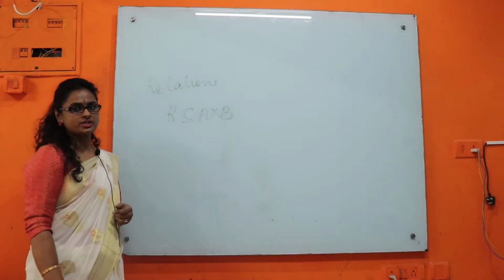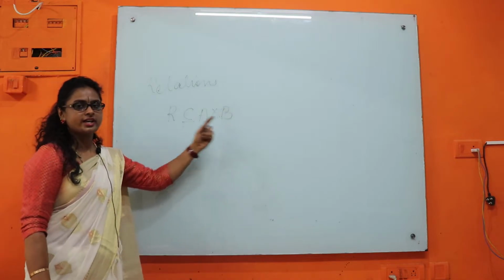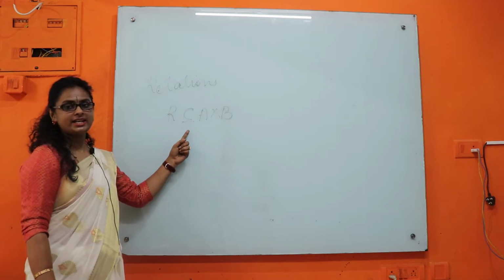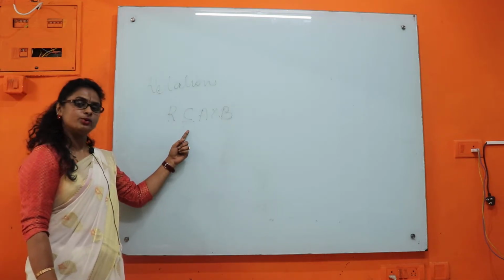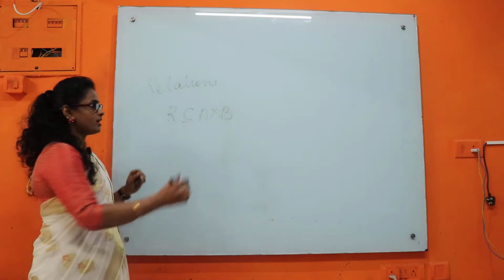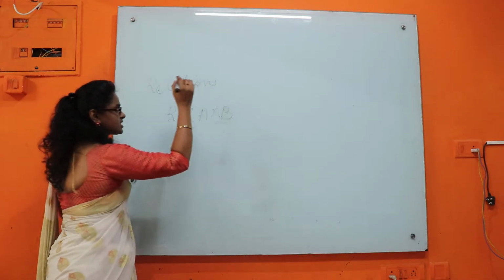So my next question is, what is this A cross B? What is this R? What is this contained in? You can even call this a subset of A cross B. What is this A cross B?